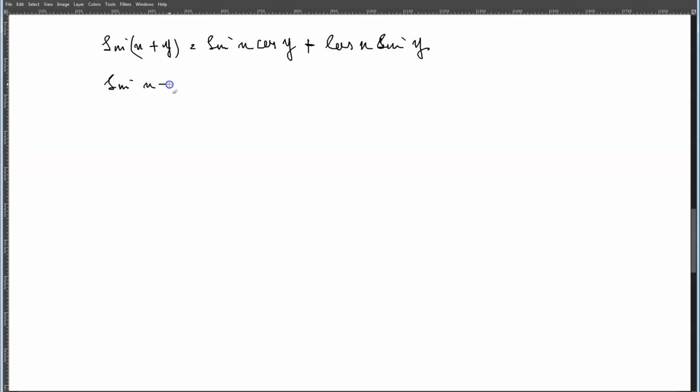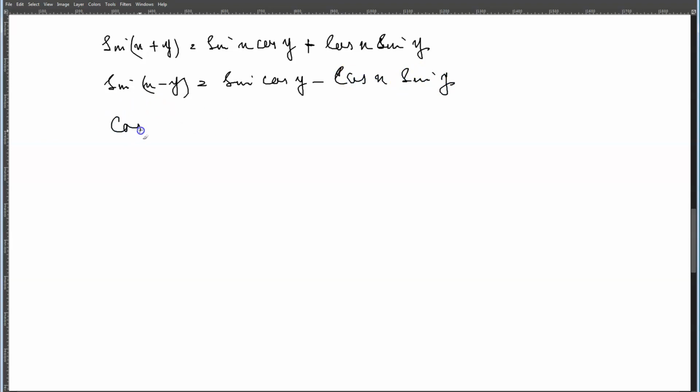So we know that the sine of x plus y is equal to sine x cos y plus cos x sine y, right? You know that sine of x minus y is equal to sine x cos y minus cos x sine y.